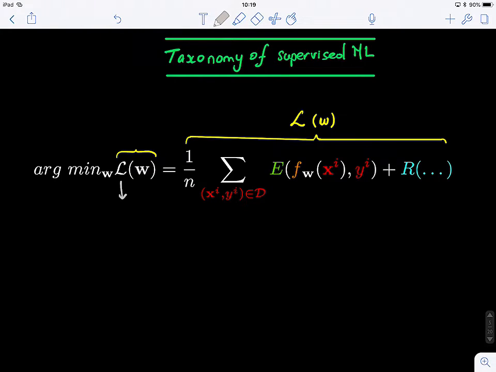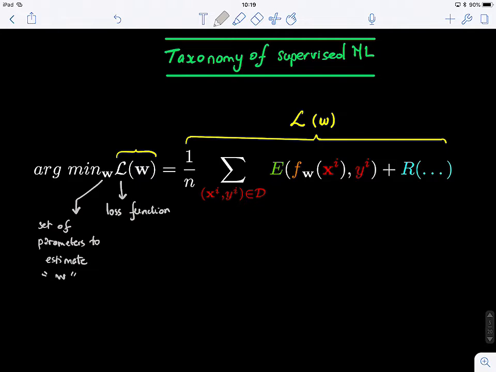So this is our loss function, and it depends on a set of parameters to estimate, W.